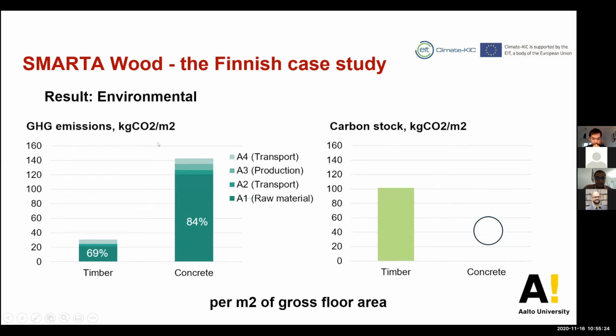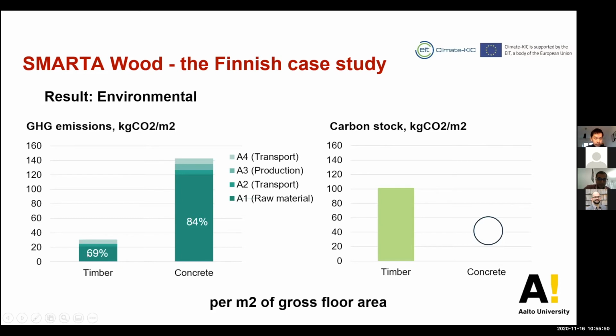Now coming to the results. On the left side, you can see the greenhouse gas emission. This is an environmental indicator. And I think the result is pretty much again the same as the Swedish case. The timber emits 3 times less carbon emission than concrete.